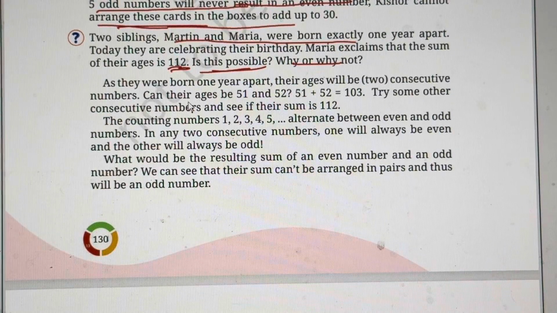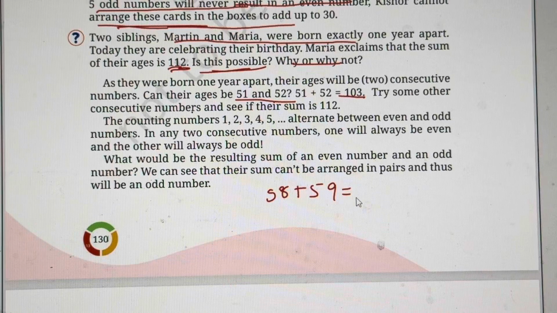So let us see. As they were born 1 year apart, their ages will be consecutive. So can their ages be 51, 52? Suppose it is 51, 52. Then the sum is 103. Okay. Suppose we take some other numbers, let us take 58 and 59.